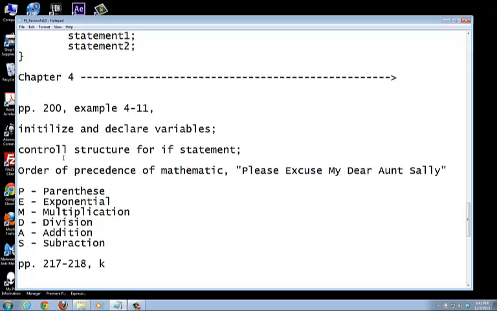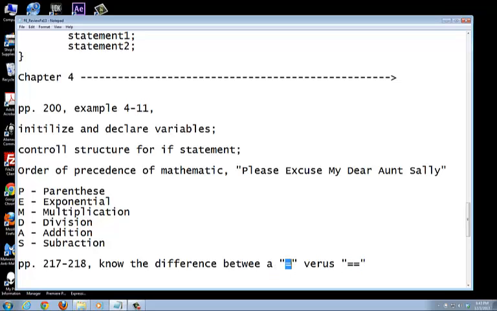Know the difference between one equal sign versus two equal signs. If you recall, two equal signs is a relational operator. You're evaluating: does it equal something as an expression?